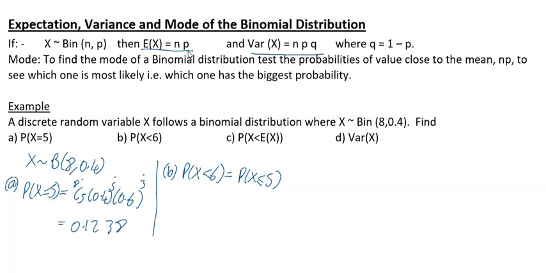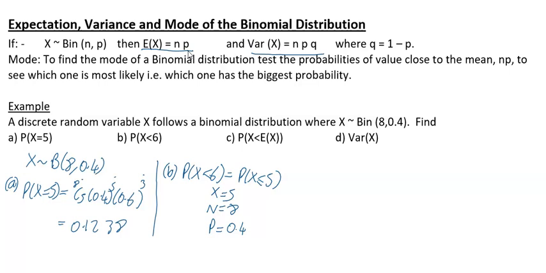Then go down to binomial CD, and then number 2 for the variable. Your x is 5, your n is 8, and your p, your probability of success, is 0.4. So just put those three things in.